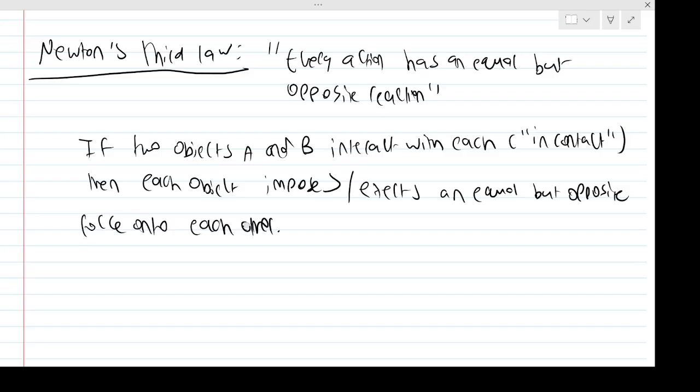Okay, what on earth does that mean? Let's try and have a look at an example of this Newton's third law in action. And I'm not the best at physics, unfortunately, but I'll try and give a good enough example to hopefully make sense of this. So probably the most common example you maybe would have seen is, again, some sort of object on the floor, right?